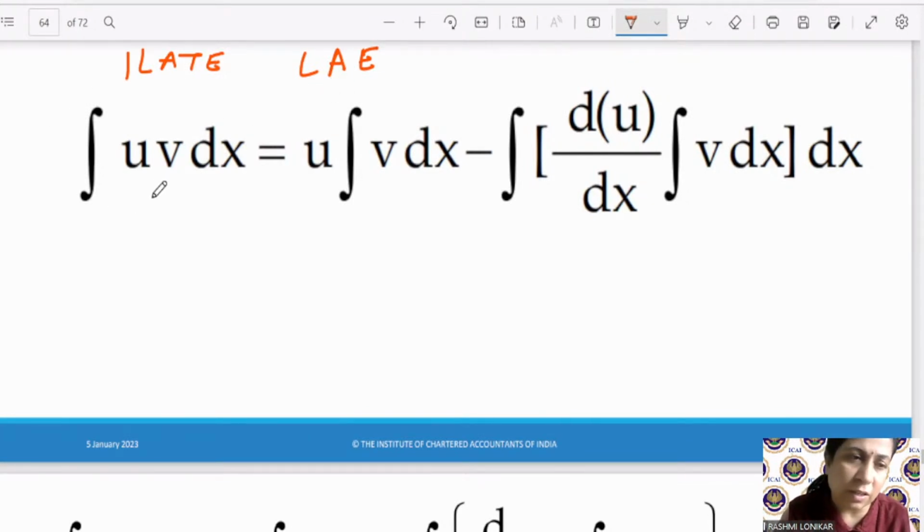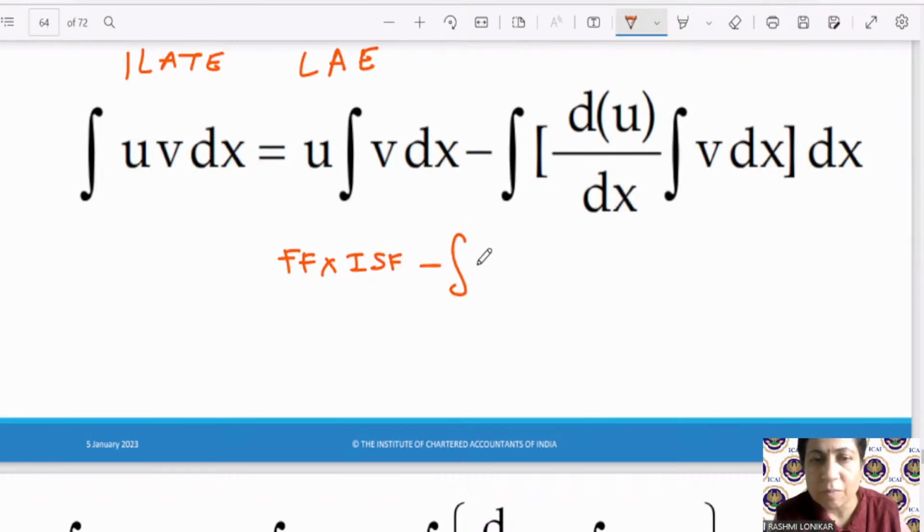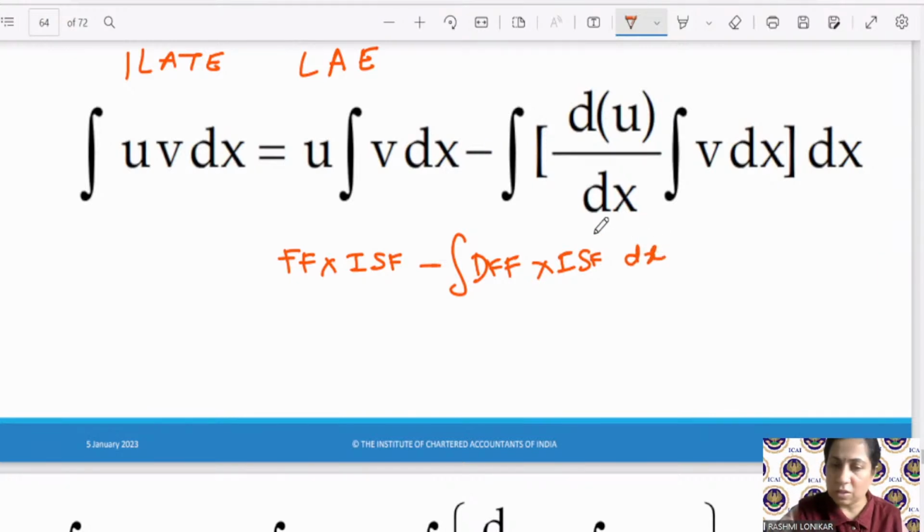And what does the integral of uv say? It says first function into integration of second function, minus integration of derivative of first function into integration of second function, dx. Okay, so this is the formula.